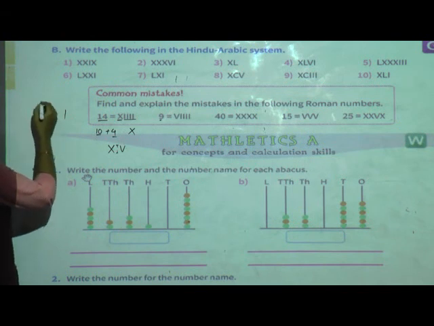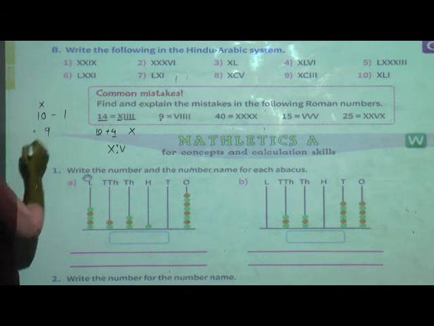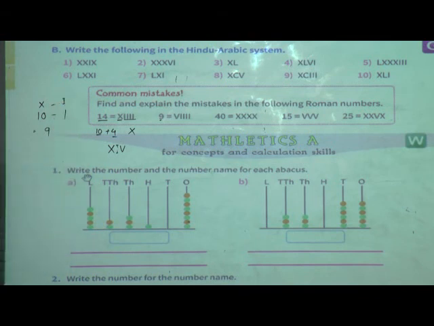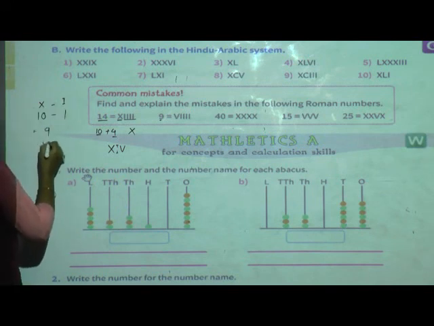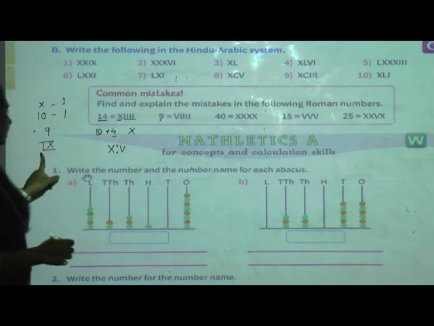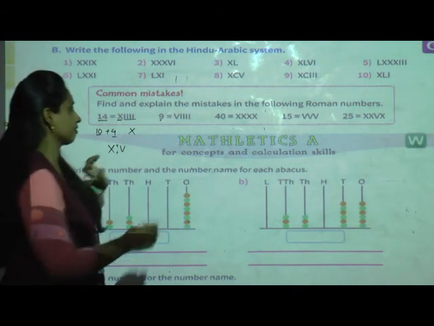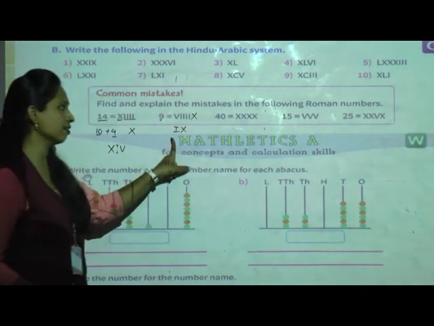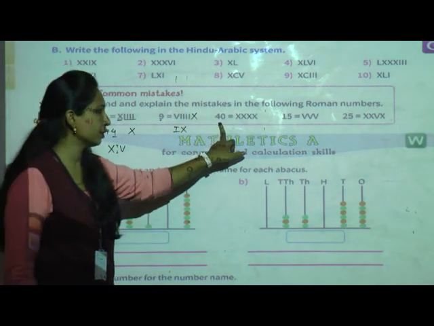So 10 is represented by Roman X and 1 by I. We have studied in rule number 3 that a smaller numeral written to the left side is always subtracted from the greater value. So 9 is represented as IX. Understood? So this is wrong. This one is correct.